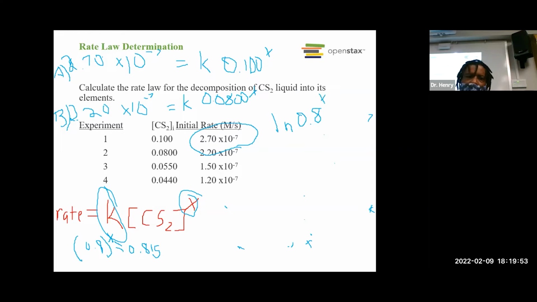That's the same thing as saying x ln 0.8. And what I do to one side, I have to do to the other side. It's going to be equal to ln 0.815. Yep, so what you do to one side, you have to do to the other side, right? It's a rule that we know in chemistry and math and everything.